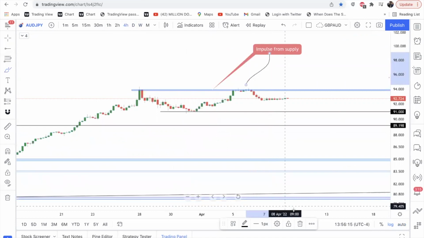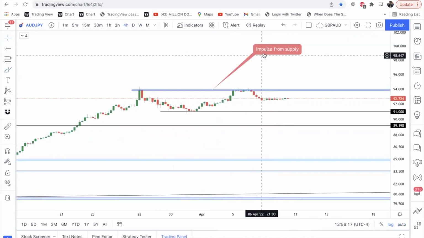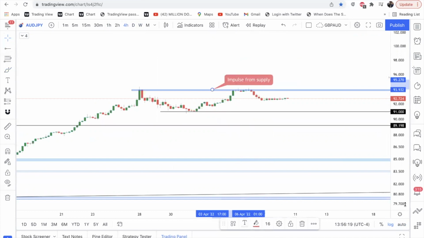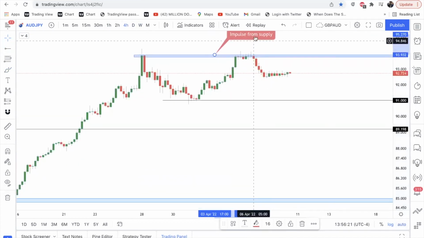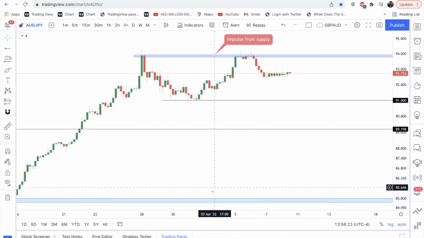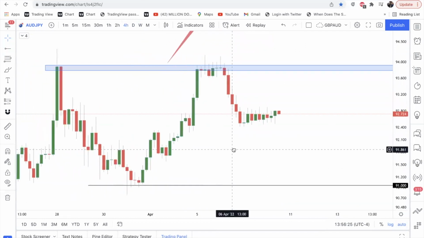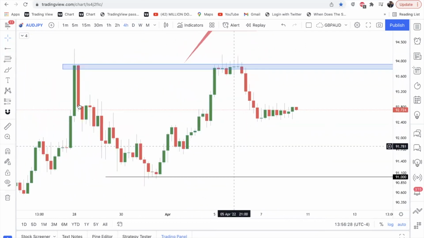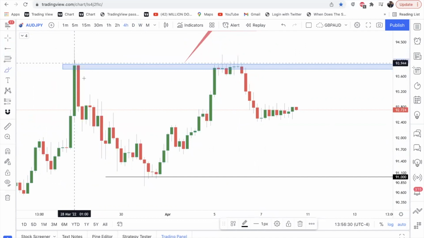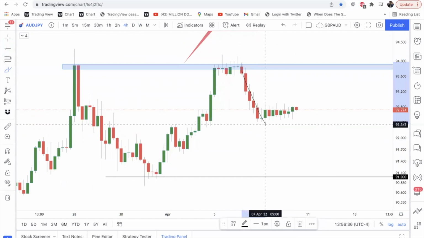like I said right here, price had a nice impulse from this area of supply, right? Nice impulse here. So seeing that, that's the firm breakdown. This was our nice top resistance. When price came back to retest that, it had a strong impulse rejection away.